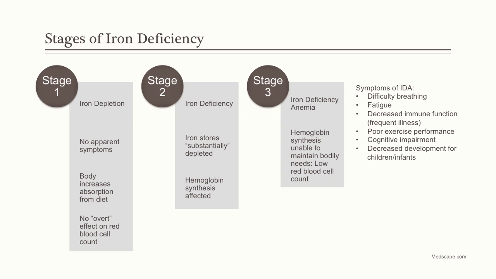So if you're not getting enough oxygen or not getting enough energy, you may notice symptoms of breathlessness, fatigue from inability to create energy, poor exercise performance because the body isn't able to deliver oxygen to your muscles in order to contract. You'll also notice cognitive impairment, again from lack of oxygen going to the brain at this point. And it can decrease your immune function, which may lead to frequent illness.